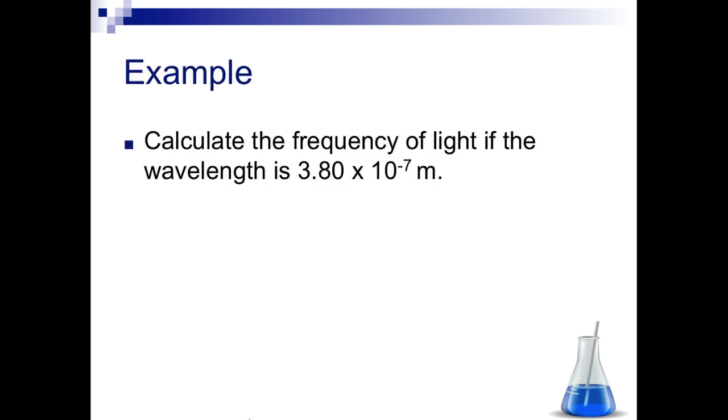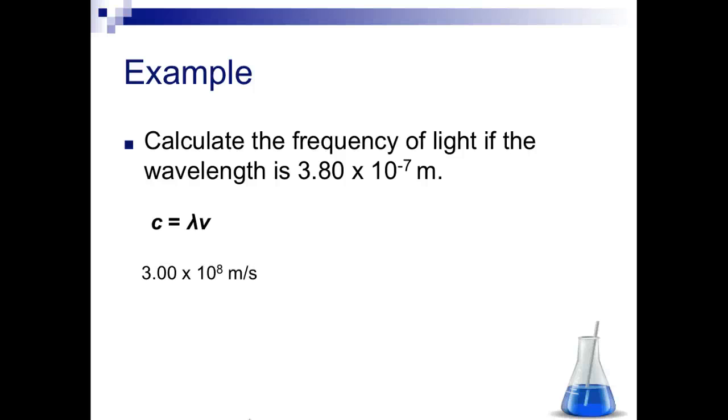All right, guys, let's look at an example problem. It says calculate the frequency of light if the wavelength is 3.8 times 10 to the minus 7th meters. So the first thing you need to do is you need your equation. So c equals lambda nu. Remember, c is the speed of light, which is a constant. Lambda is the wavelength, needs to be in meters, and frequency is the amount of waves that pass by in a second, and that needs to be in hertz.